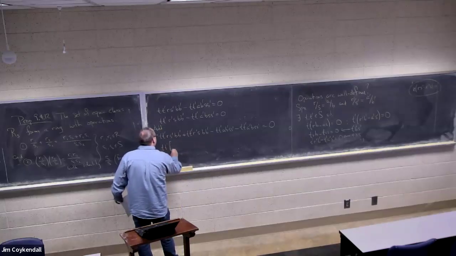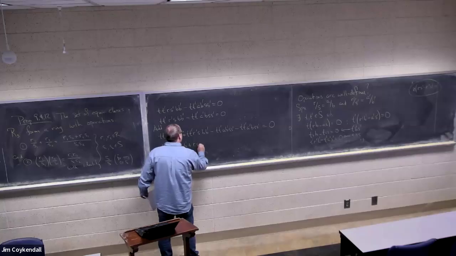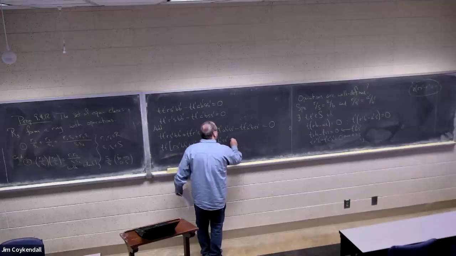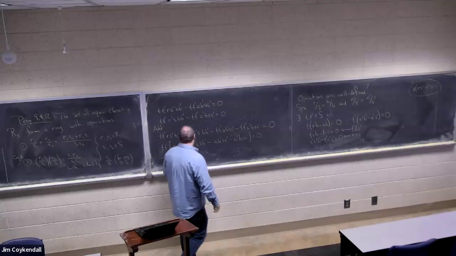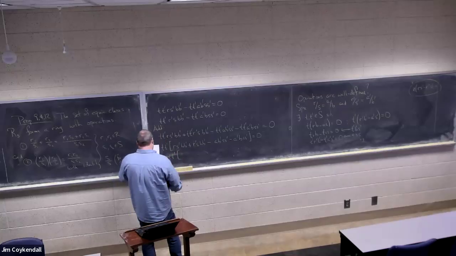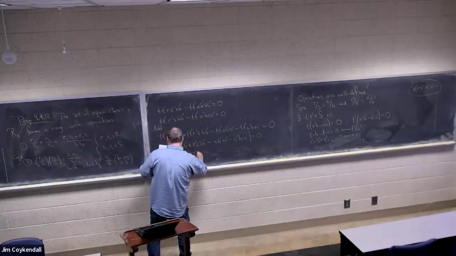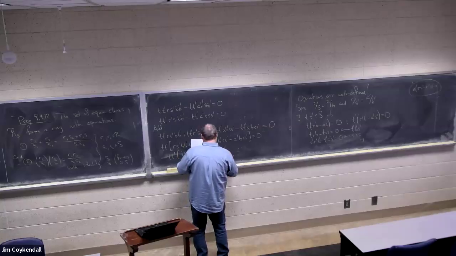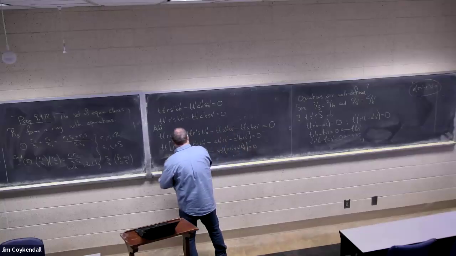I have a TT prime that pulls out. Finally, what this gives me is TT prime times BB prime times (RS prime plus R prime S) minus SS prime times (AB prime plus A prime B) is equal to 0. Lord have mercy.